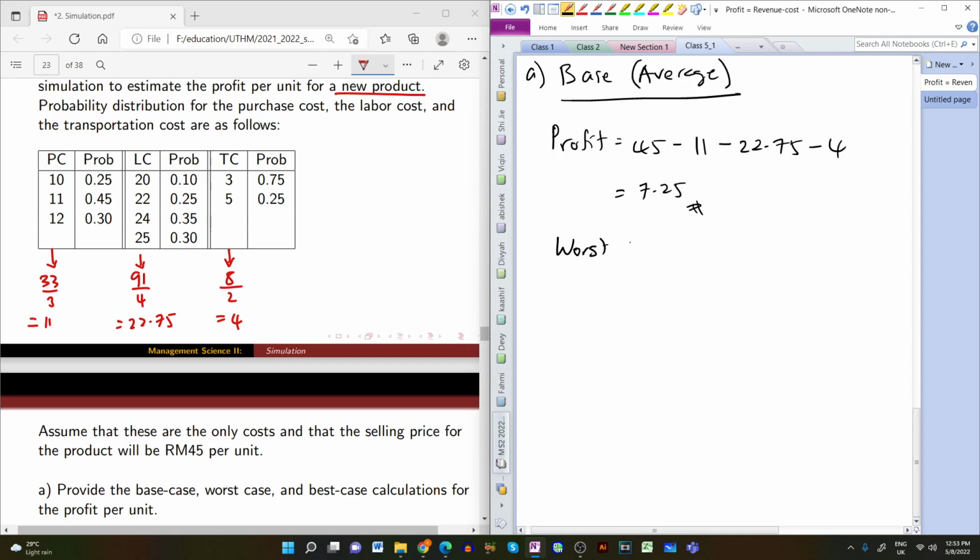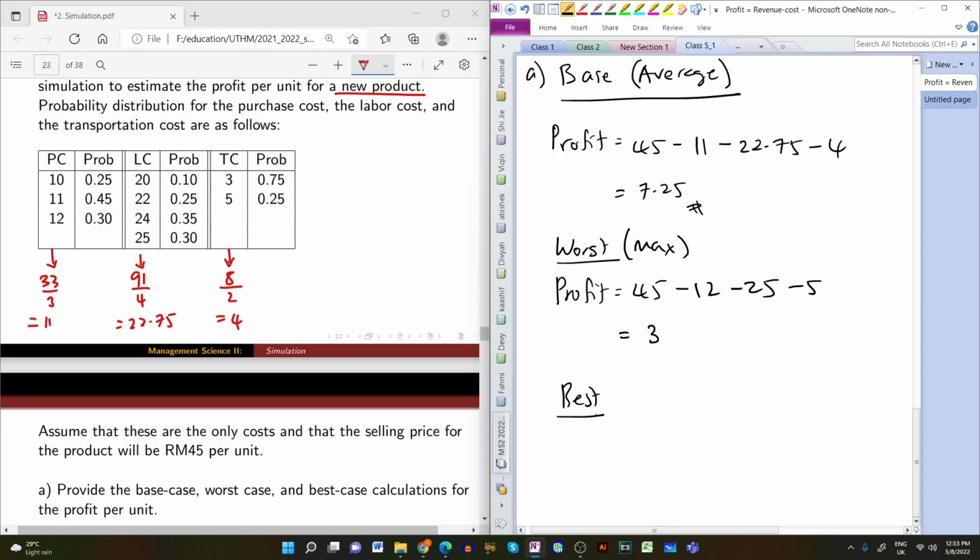For the worst case, I told you the cost must be higher. So for the worst case, take the maximum cost: 45 minus the maximum costs, minus 12, 25, minus 5, you will have 3 here.